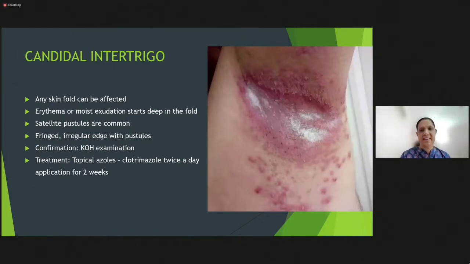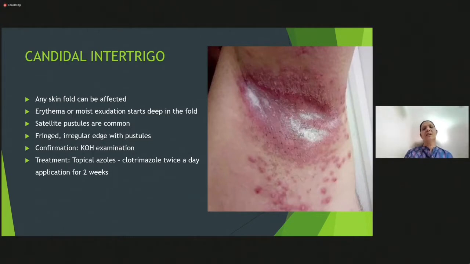This is candidiasis. In any skin fold, when moisture is there, Candida, which is a normal commensal, tends to grow. Also, those who are diabetic are predisposed, and those who are obese are also predisposed. You can see that there are satellite pustules, which tells you the diagnosis; otherwise KOH can be done, which will show the yeast in the KOH examination.